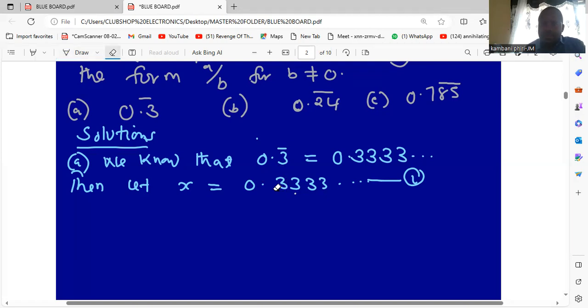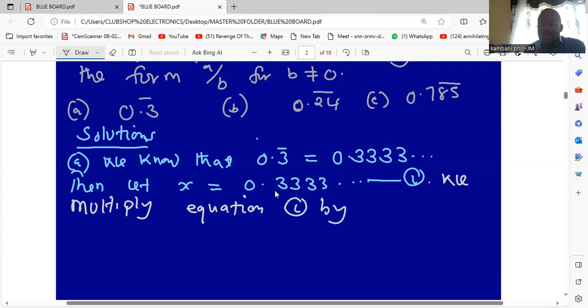Okay. So what does it mean? We need to multiply equation 1 by 10. What does this imply?